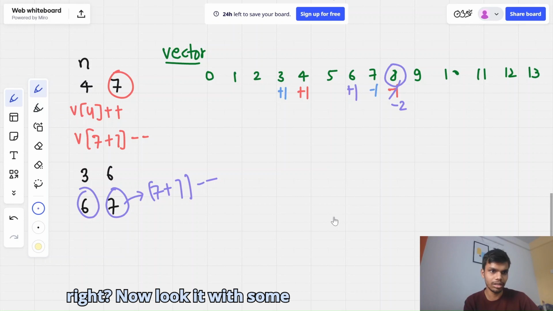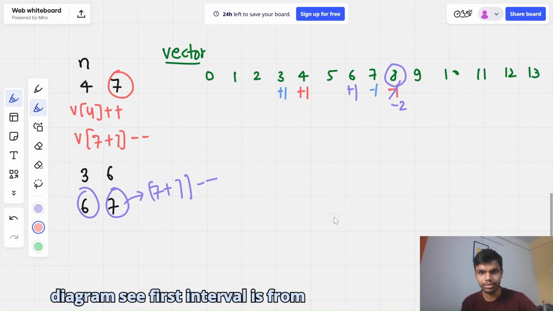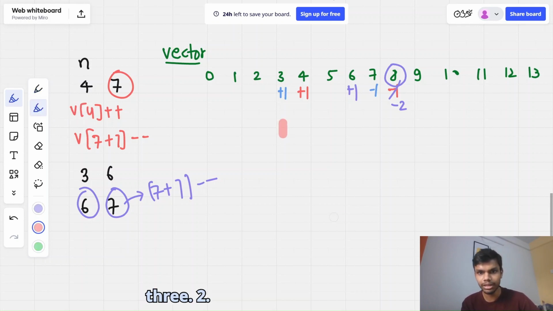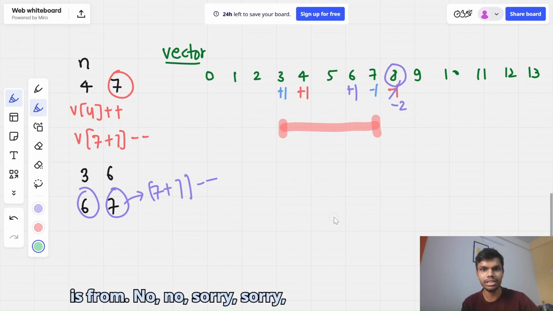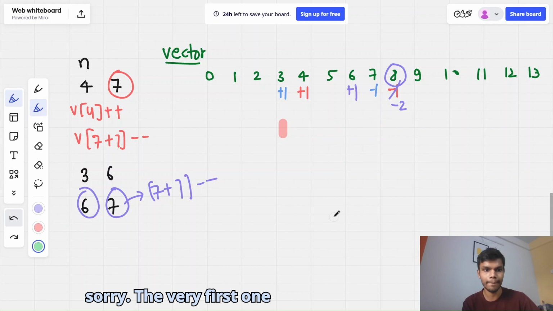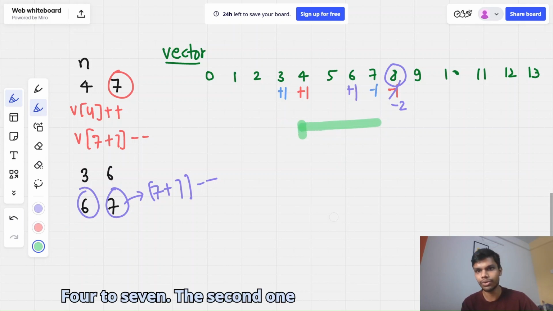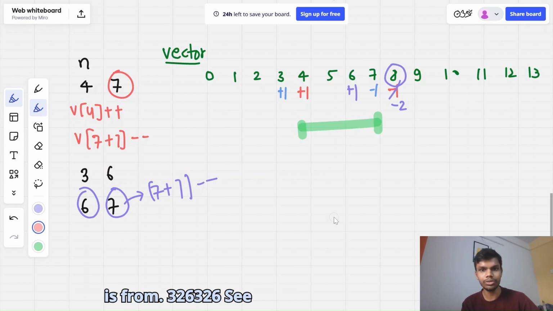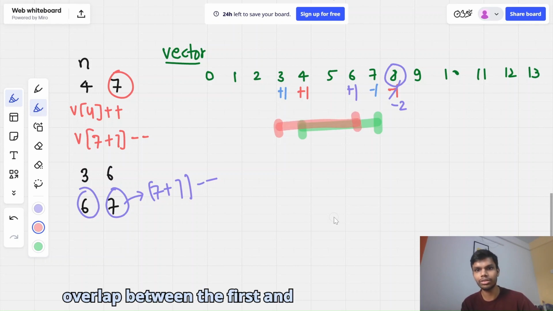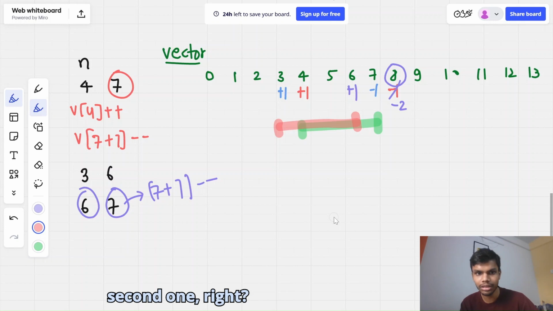Now look at it with a diagram. The very first one is from 4 to 7. The second one is from 3 to 6. You are going to see overlap between the first and second one.